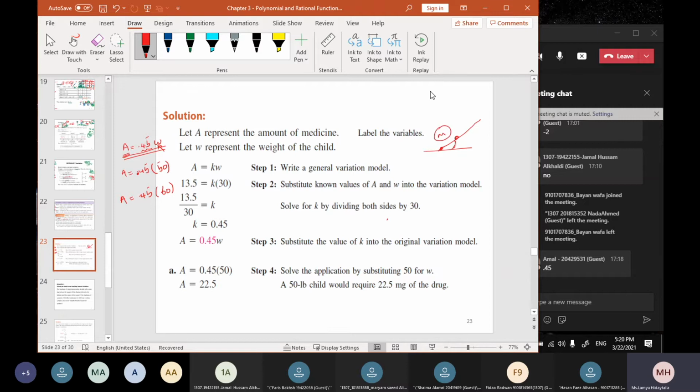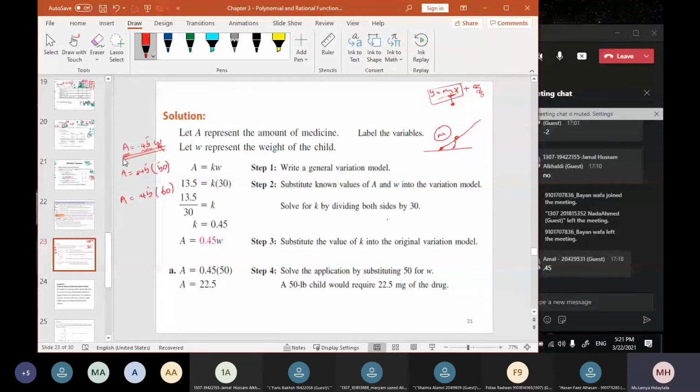And usually for any line, y is equal to mx. This is the case when the line passes through the origin. If this c is equal to 0, that is the y-intercept is equal to 0, correct? Then this is the constant of proportionality, which is m, the slope.